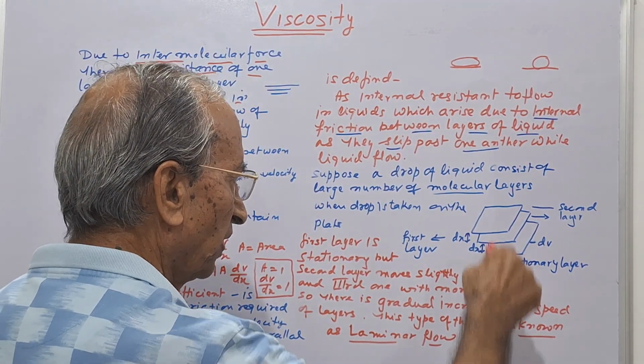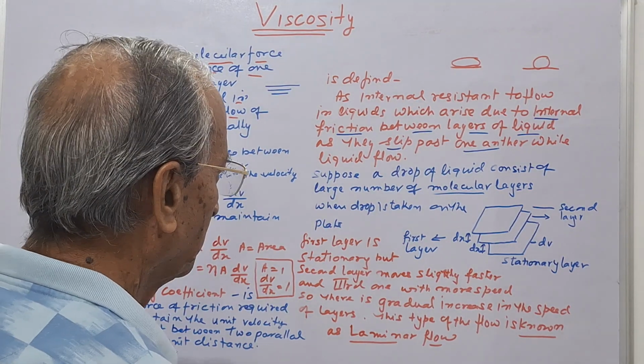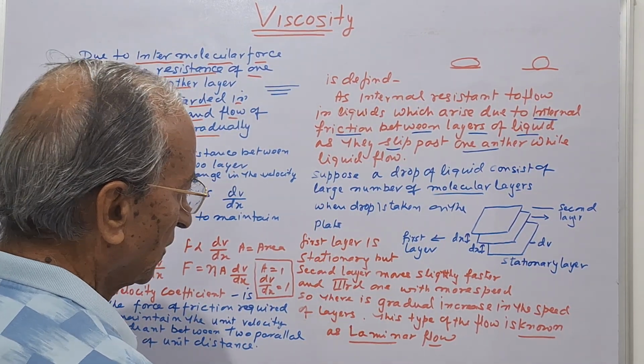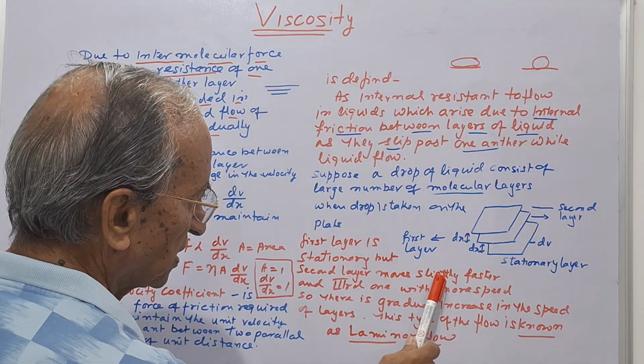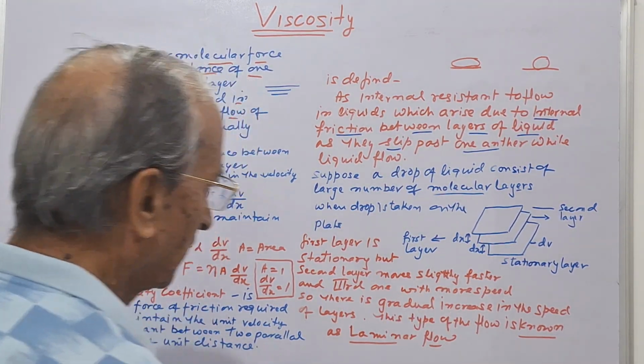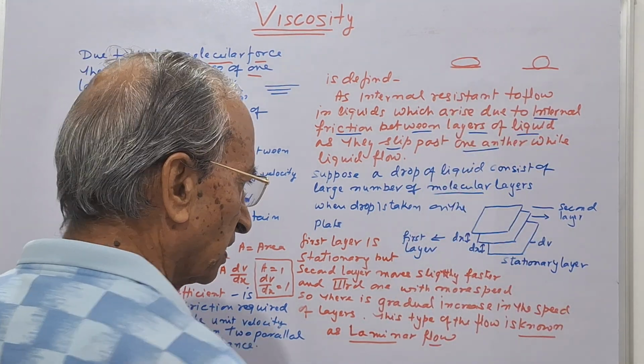In the same way, the speed of the layers increases. The first layer is stationary, but the second layer moves slightly faster and the third one with more speed. So we say that the speed of the flow is gradually increasing.